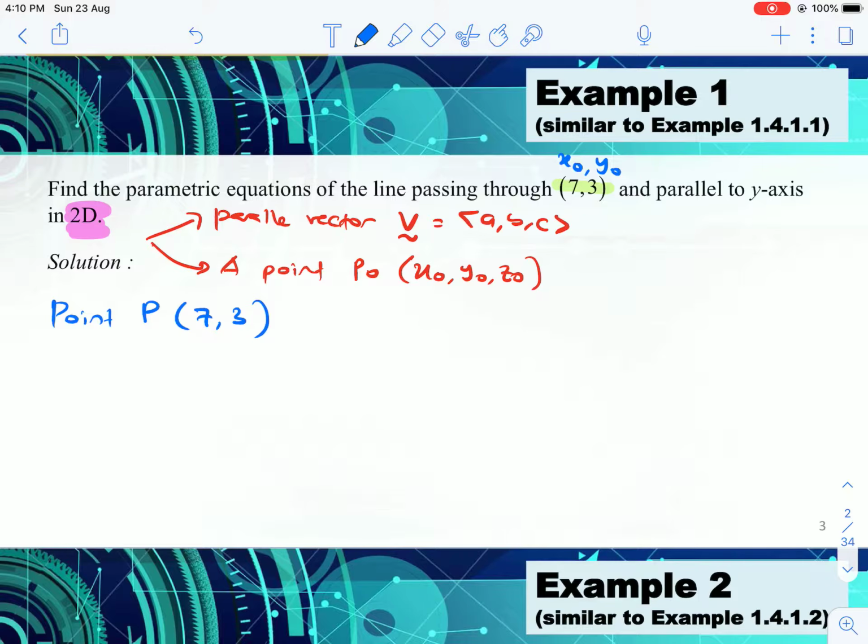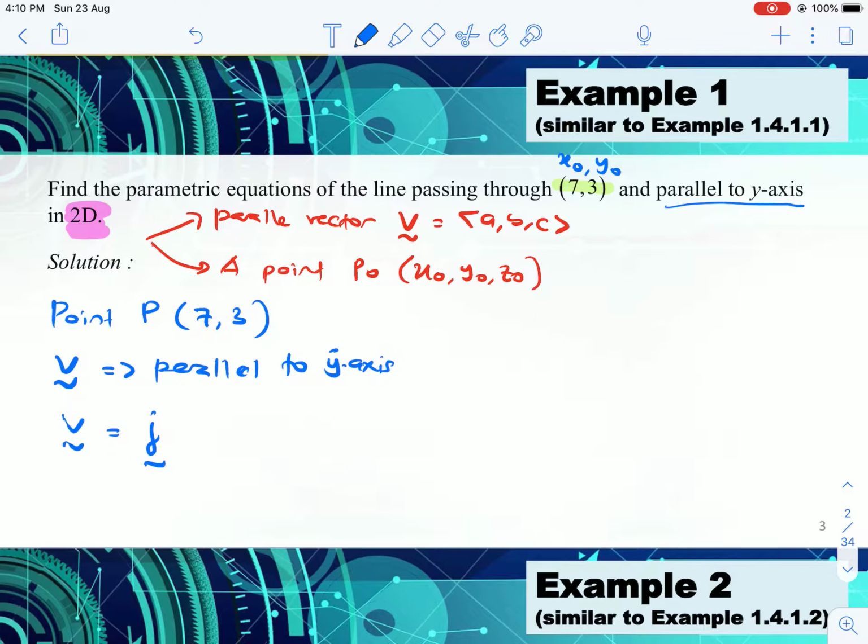And then parallel to y-axis, it said that the line is parallel to y-axis. So as I mentioned earlier, we need to find the parallel vector, right? So in this case, V is parallel to y-axis. Thus we can say that V is equivalent to J direction.